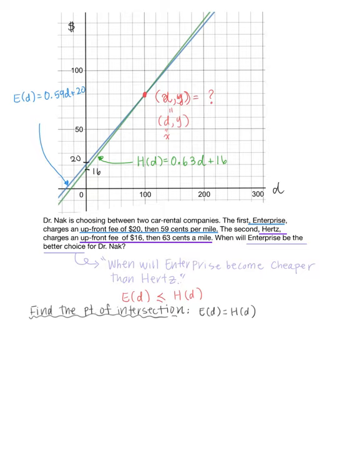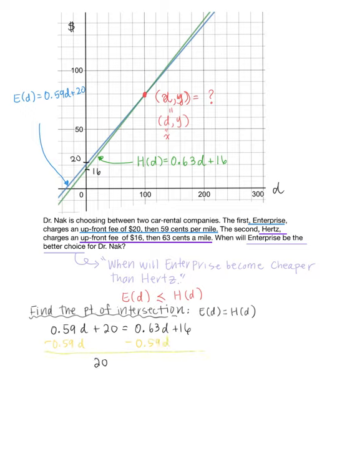If I have E of d equals H of d, then we have 0.59d plus 20 equals 0.63d plus 16. Now let me subtract 0.59d from both sides. What do we get?